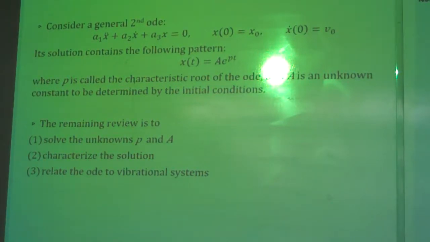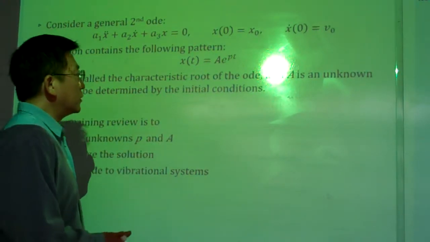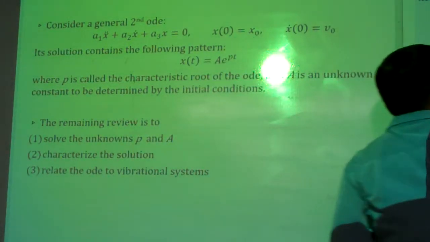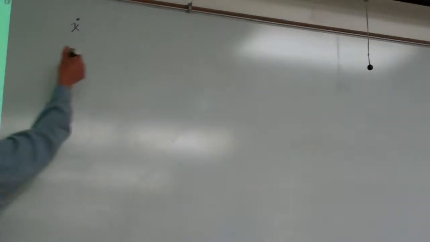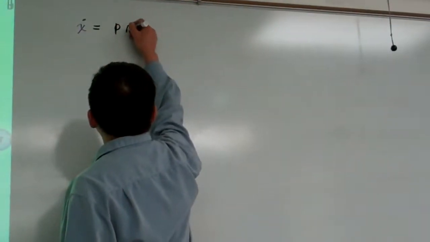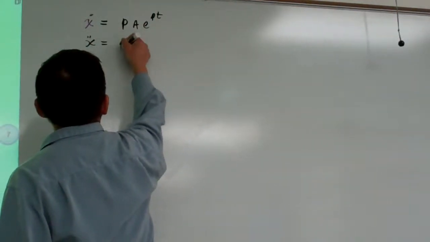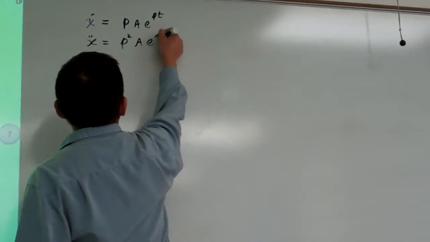Then, if we assume this, x dot equals, by the chain rule, P times A e^(Pt), and x double dot equals P squared A e^(Pt).